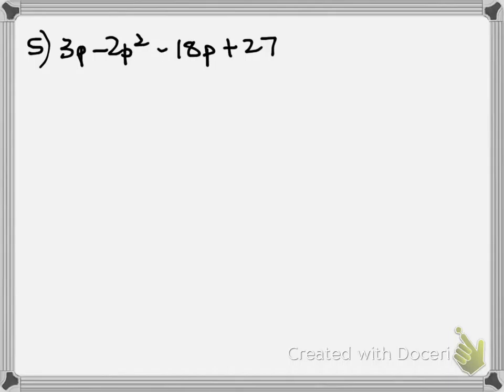Okay. So where do you want to flip? Negative 2p squared into 3p. Okay, so if we rearrange and write it this way. Okay, all right, let's try that.